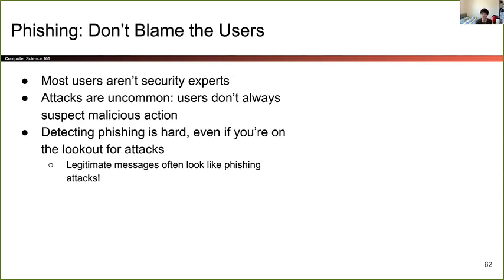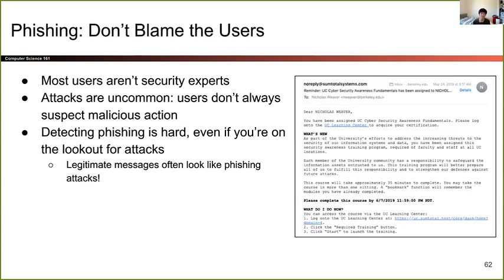And sometimes we even train users to be phished. So if you've worked at some company that is concerned about phishing attacks, sometimes you'll receive these emails that say you've been assigned to take the UC Cybersecurity Awareness Fundamentals. Please click on this link and go learn how to not be phished. So it's ironic, because we tell users the best way to not be phished is to, for example, just look up the website on Google and then go to it.